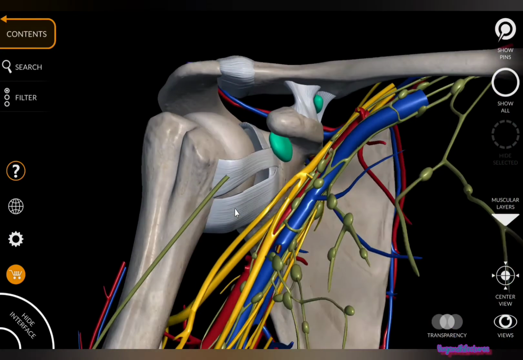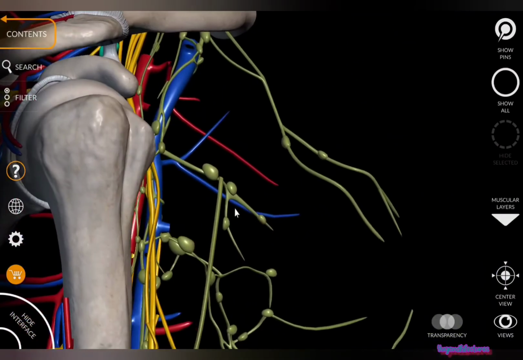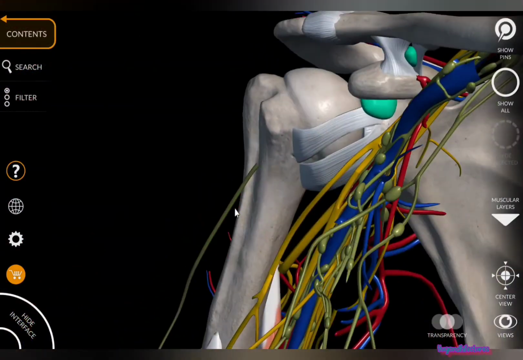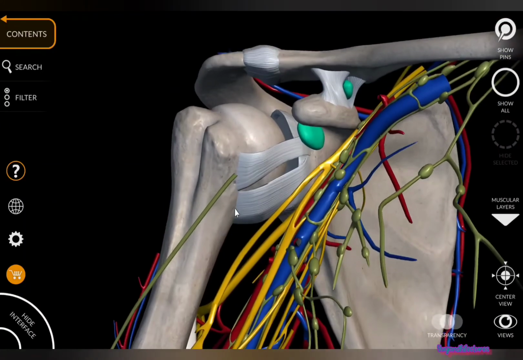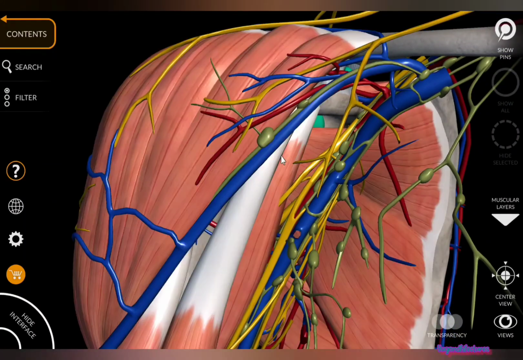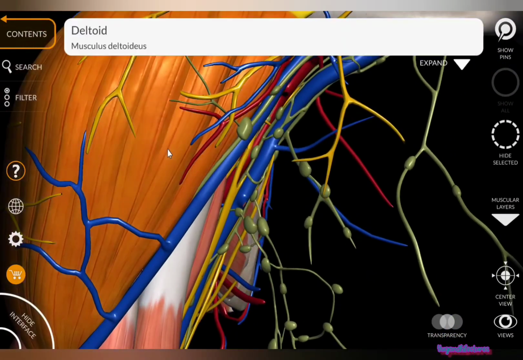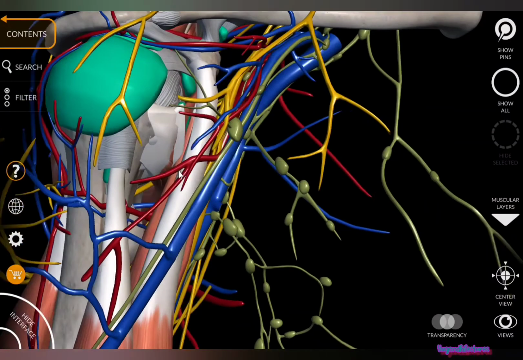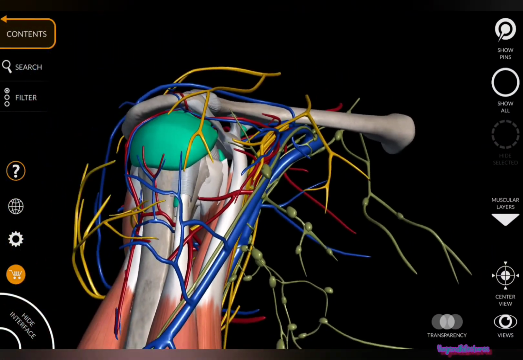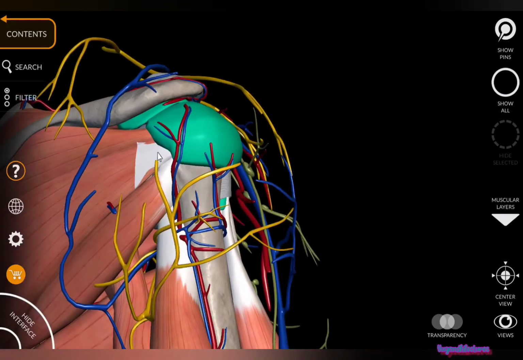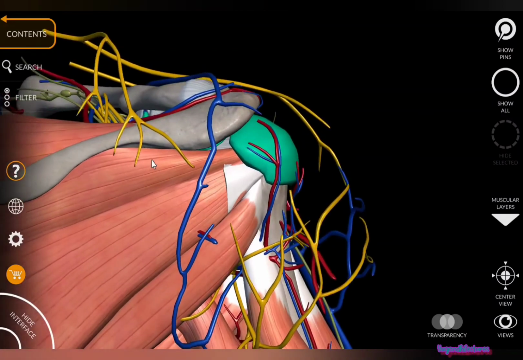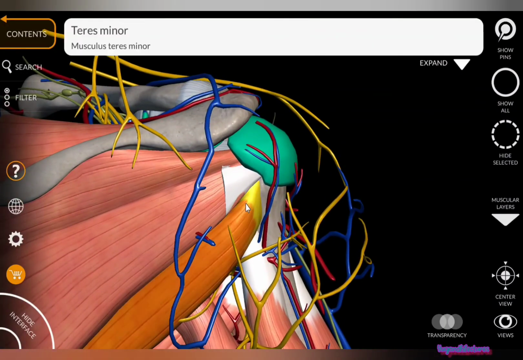Then the tendons of the rotator cuff, all those things lie under the cover of deltoid. For that I am going to show all the structures now. So you can see this is the deltoid muscle. I am removing that. So here you can see the tendon of teres minor muscle.